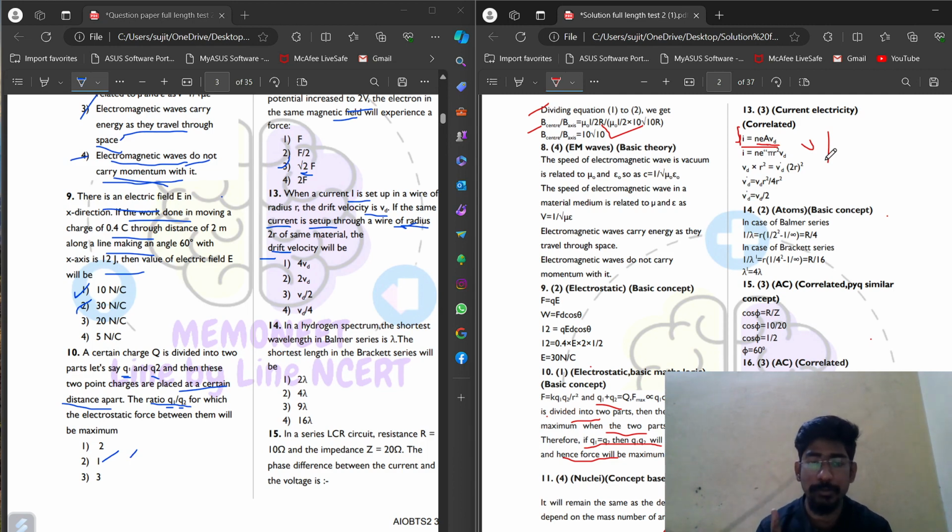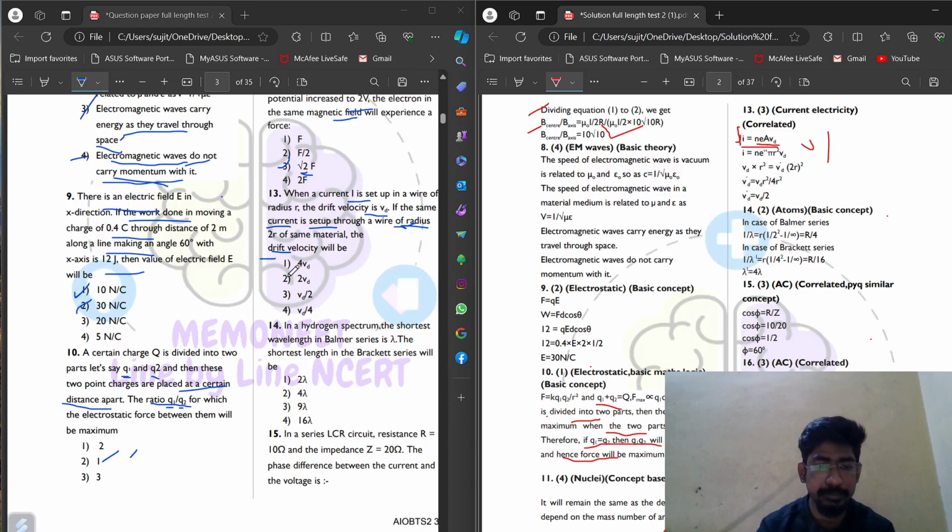So if the radius is doubled, the vd will be lesser. In case of an inversely proportional relationship between two physical quantities, if we increase one, the other will decrease. Here the radius is doubled, so the velocity will decrease by how much?